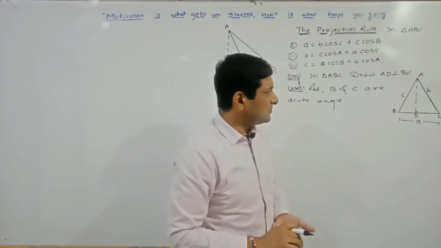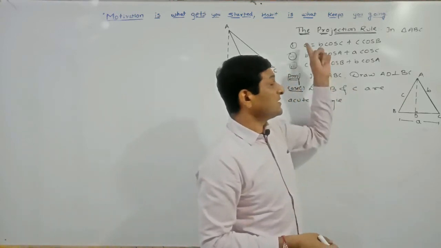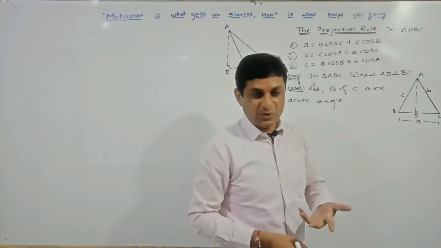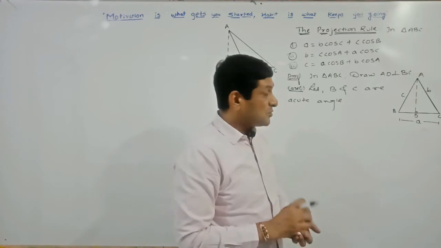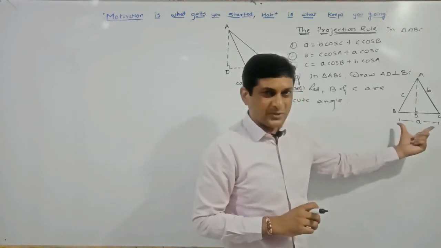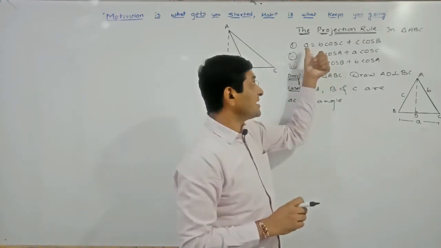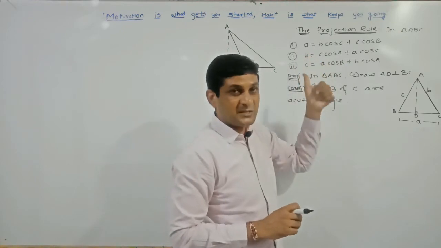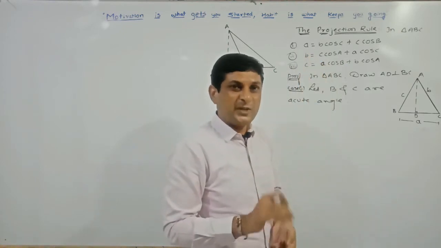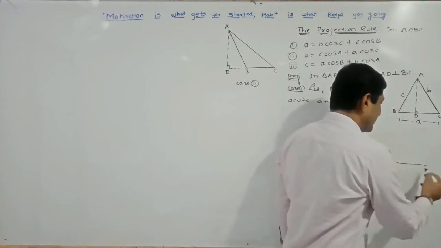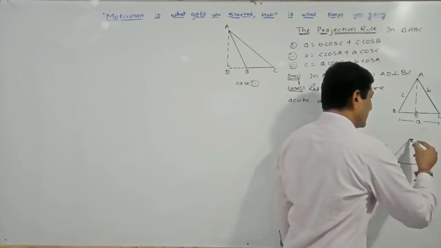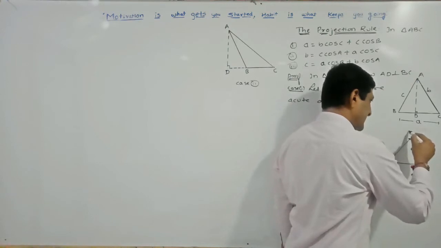Now we are finding projection. What is the name of this theorem? Projection rule. So that's why we are trying to find out projection here. See, first try to understand the meaning of projection. Let us suppose that one side is there, say side AB, and another segment is there, say AC.